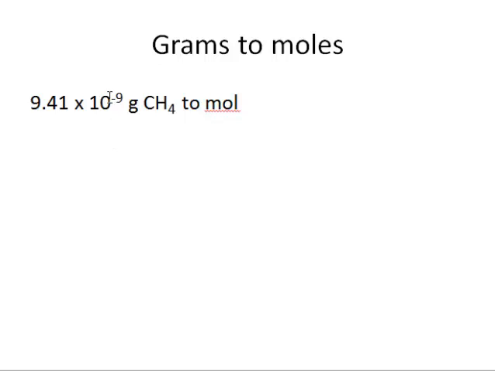Okay, again, try this problem as a class, as an individual at your paper. Pause the video, and then in 5 minutes at most, press play to see the answer. Okay, so the given is 9.41 times 10 to the negative 9 grams of CH4.